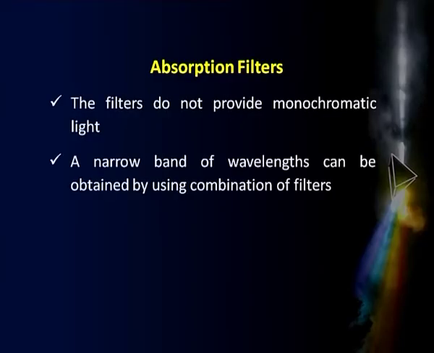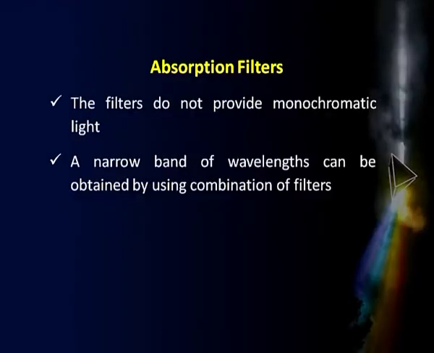But what we can do is use a combination of filters. Say white radiation is coming, a very broad range, this filter chops off a little of it, something narrower comes out, I put another filter there, still narrower. So, I can use a combination of filters and try to get a relatively narrow band of wavelengths.